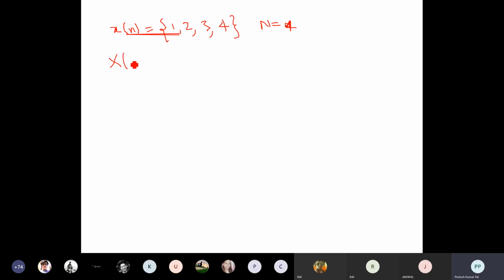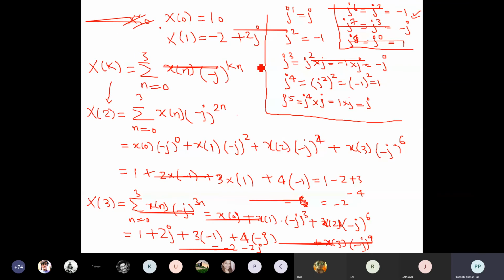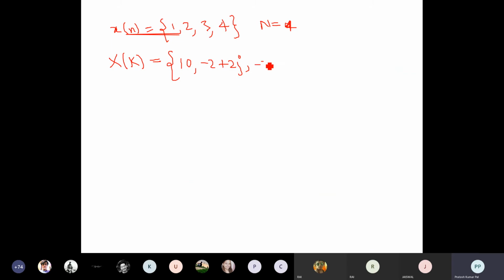And after calculating finally the x of k, we have got the first value was 10, the second value was minus 2 plus 2j, the third value was minus 2, that is x of 2 was minus 2, and the last value was minus 2 minus 2j.